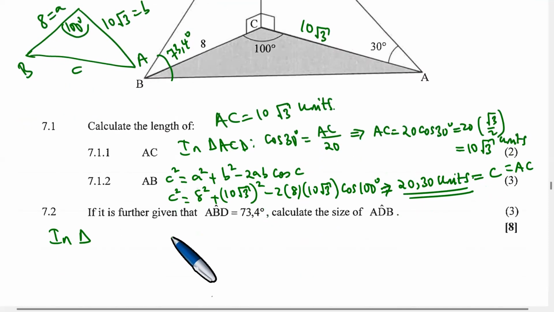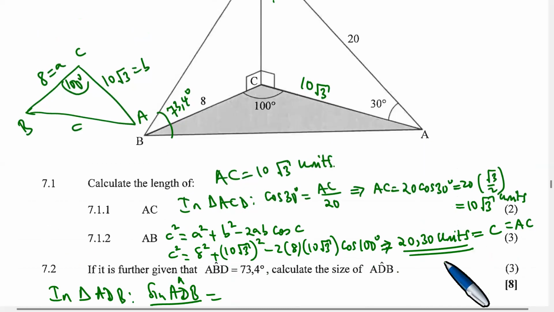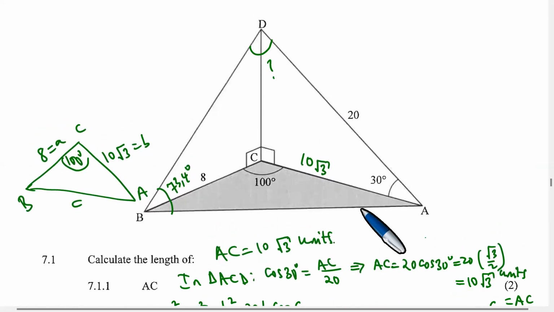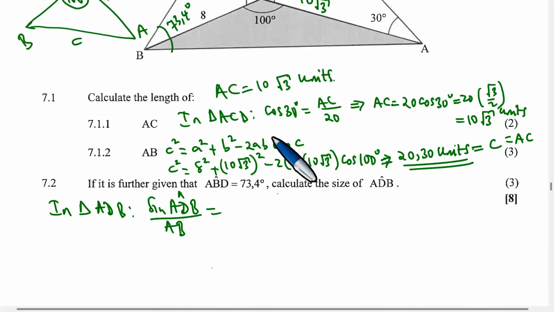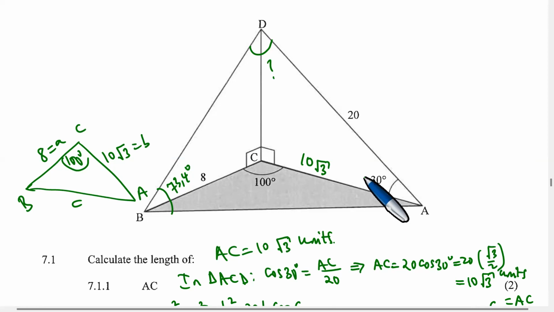Then we say the sine of ADB over AB is equal to the sine of ABD divided by AD.